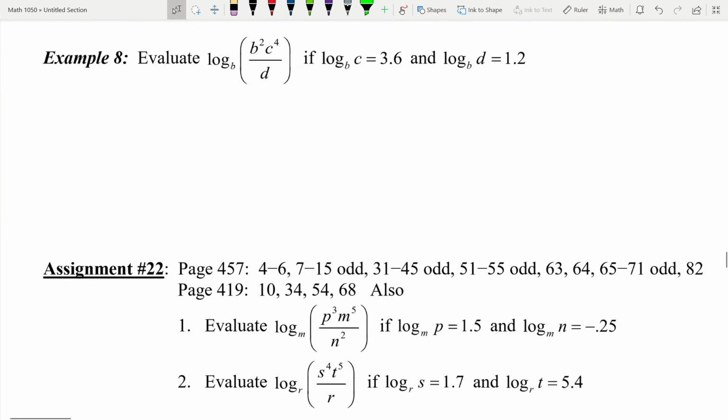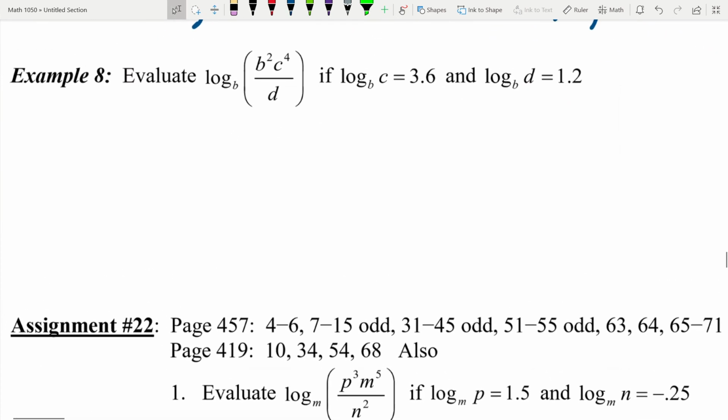Okay, look at question 8. Do me a favor and just relax for a second and watch. Evaluate this. If log base B of C is 3.6, log base B of D is 1.2. Okay, look right here. Don't write this, okay?